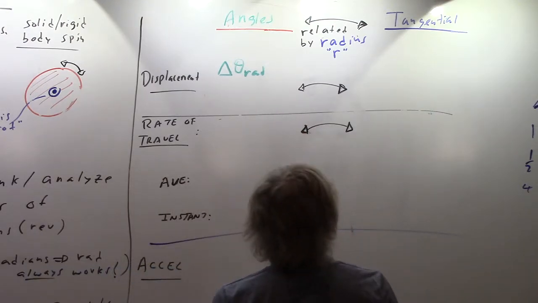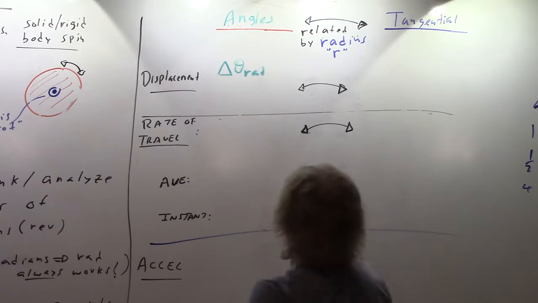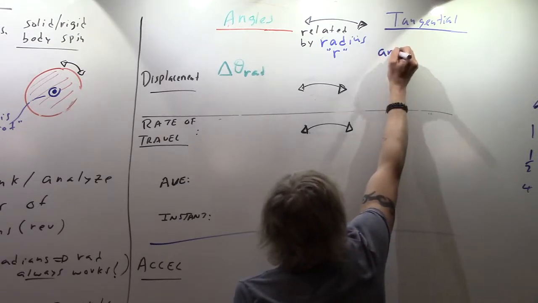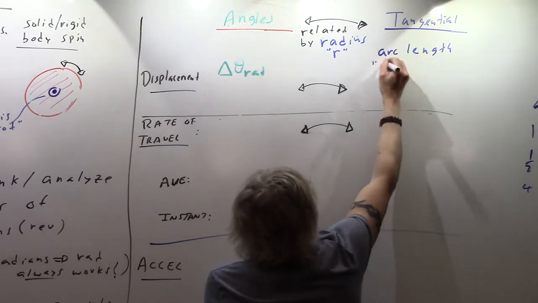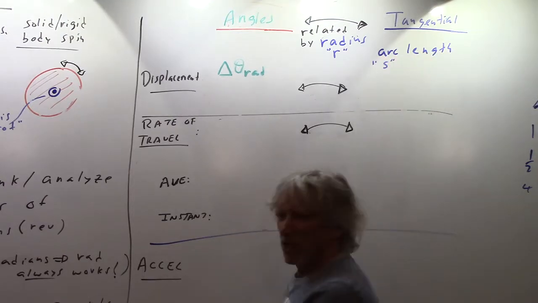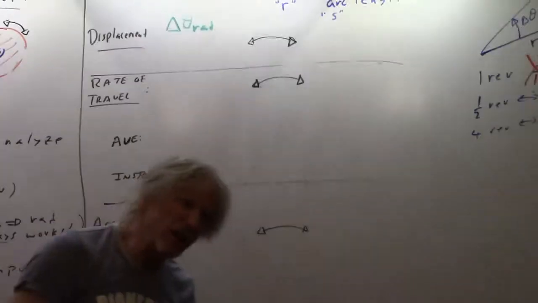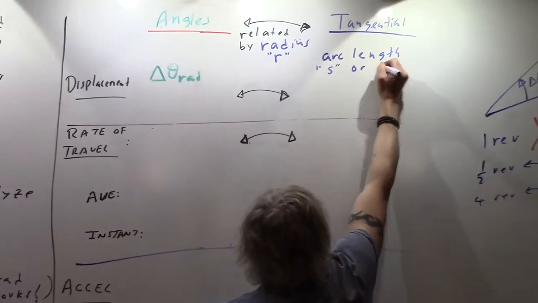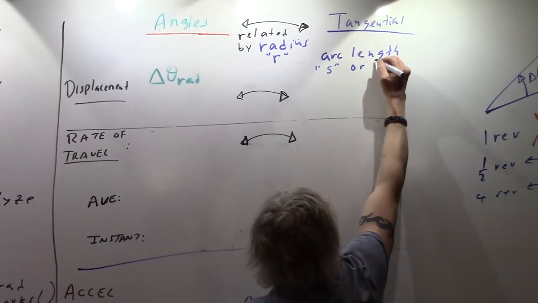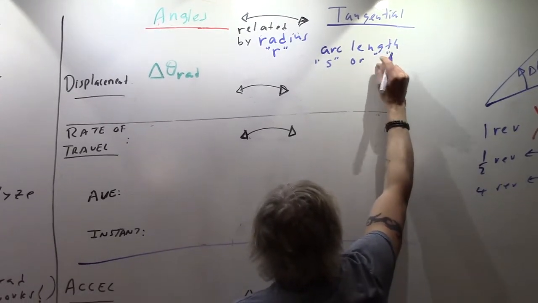I'll show you. Tangential, so tangential is an arc length. Sometimes people use S, and not usually delta S, but you could, or some people will use L along the path, and you'll see this in math classes as well.